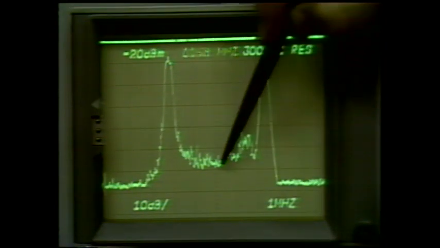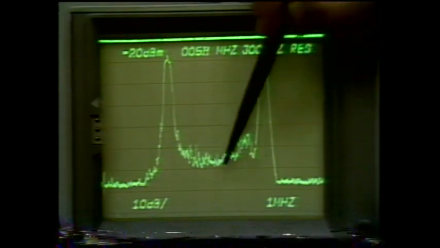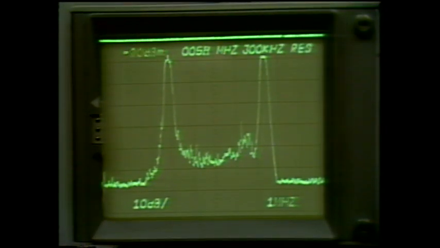We measured that at about -70 dBm. Now remember, you have to normalize for your noise bandwidth to make an accurate measurement. Once you've done this, the ratio becomes the signal-to-noise ratio of the video signal.